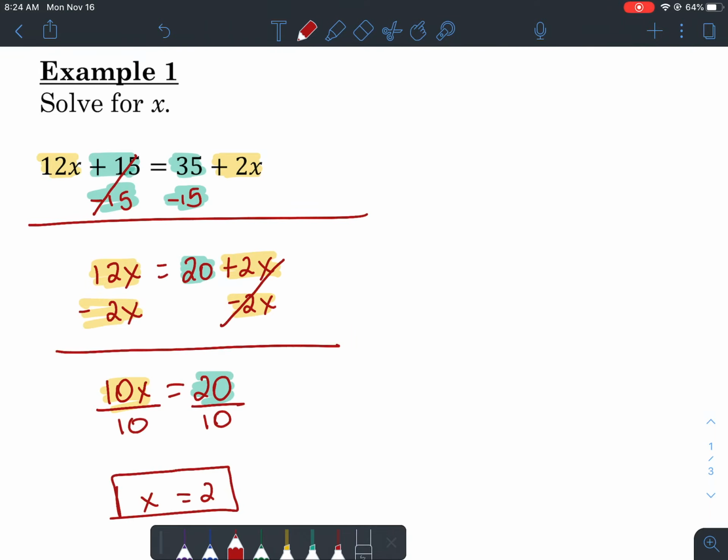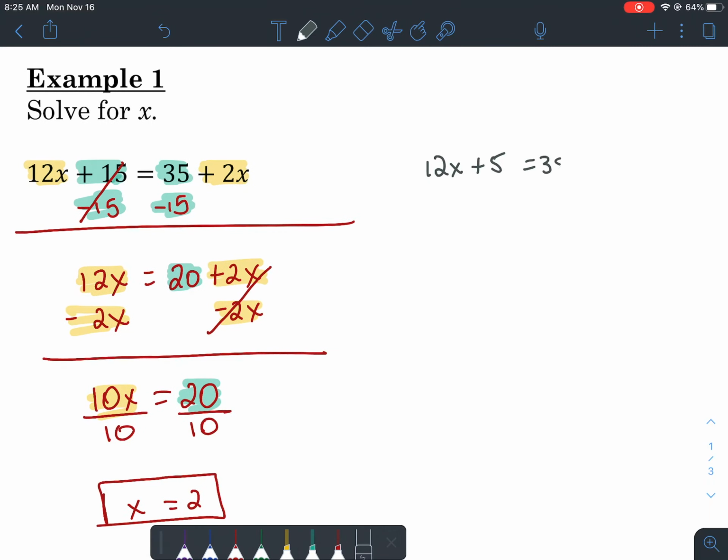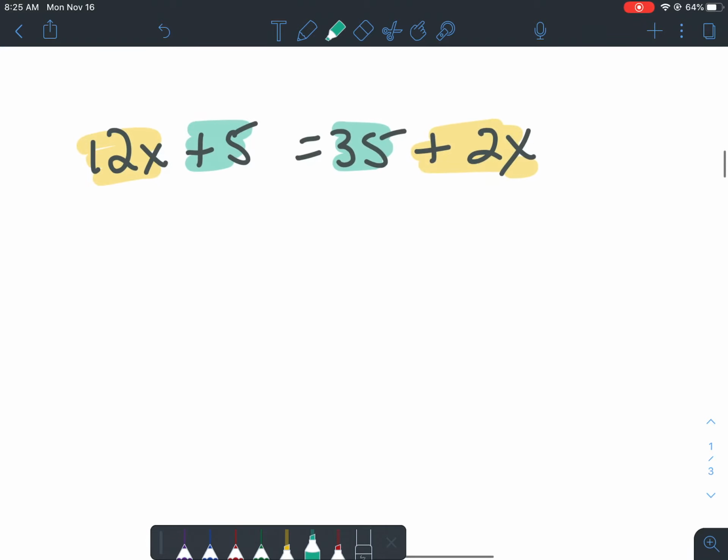Okay, that's it. So if you really think about this, we have 12x plus 15 equals 35 plus 2x, right? We have our variables, we have our constants, and what we want to do is move them. Sorry, one's 15.